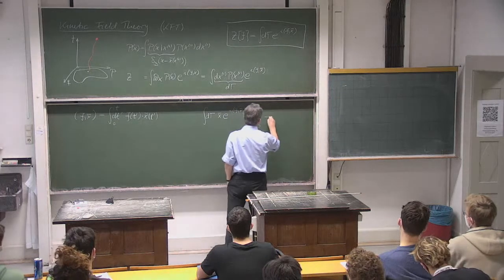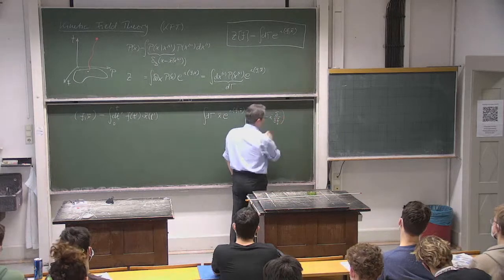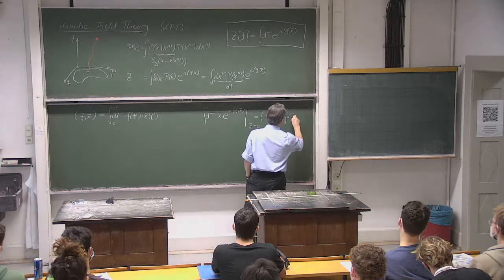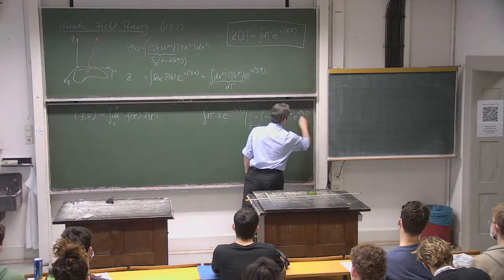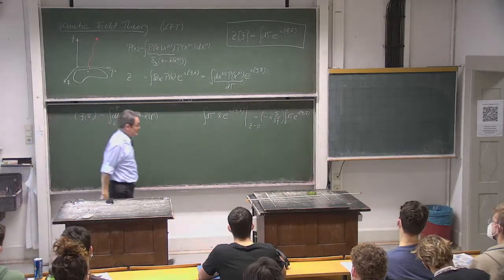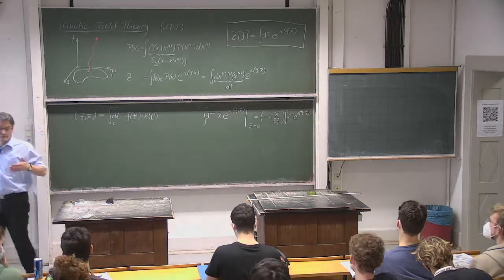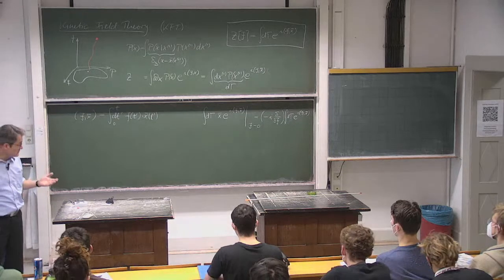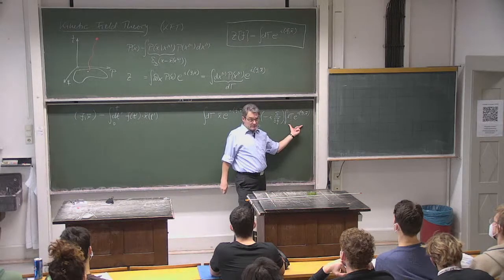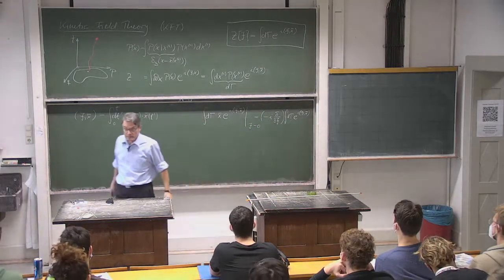And I'm going to write this as minus i functional derivative with respect to J applied to the generating functional. And as you know it from thermodynamics, for example, if you want to know the mean particle number in a grand canonical description, you would take the grand canonical partition sum and take a derivative with respect to the chemical potential.